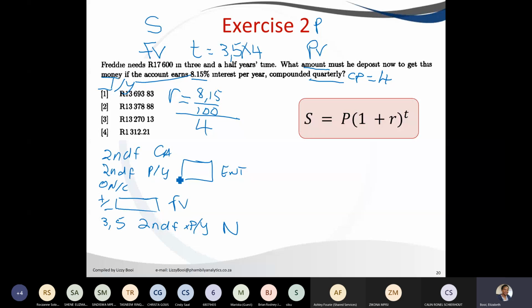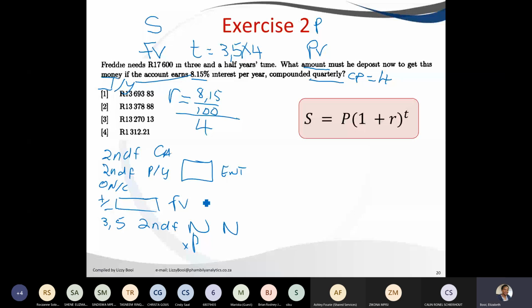What I always like to say is you say second function N again, or your times P-Y is on the N button. So you will say second function N, which means you press N and then you press N again. You will press N twice because the first N is that times P-Y. The second N is to store the value.